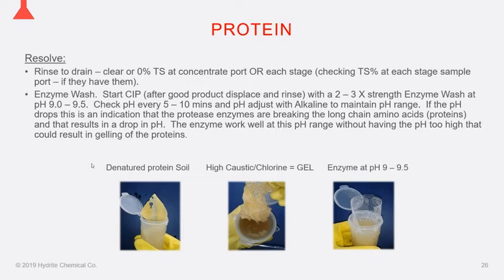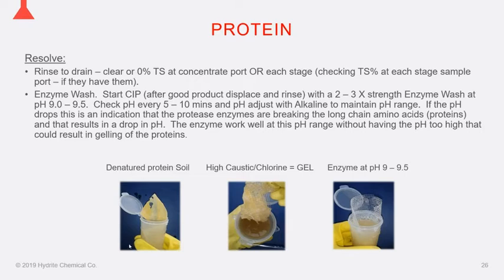The pH dropping is actually an indication that it is working, because if you remember, proteins are made up of amino acids, and so when those get broken off, it's going to reduce the pH of your solution unless you have a built caustic in the solution. Also, there could be potential problems if the pH gets too high, so this is not something where you just say, we need a remedial wash, let's jack up the pH and throw the enzyme in.